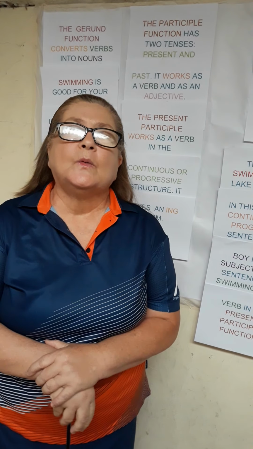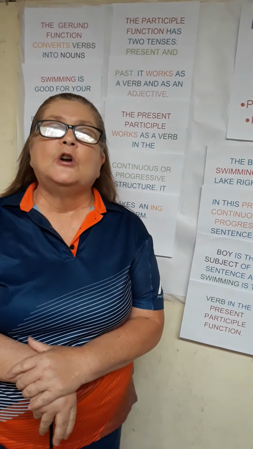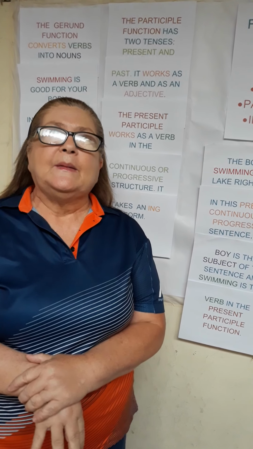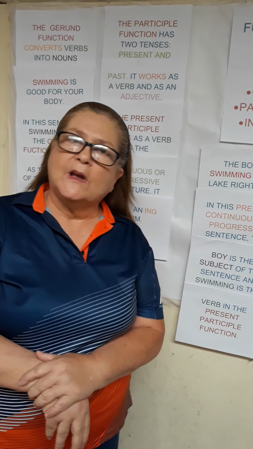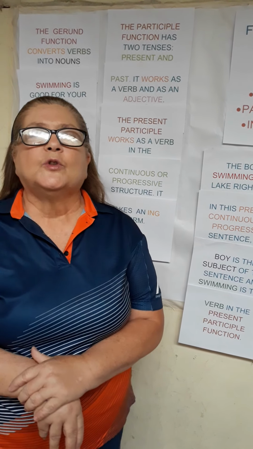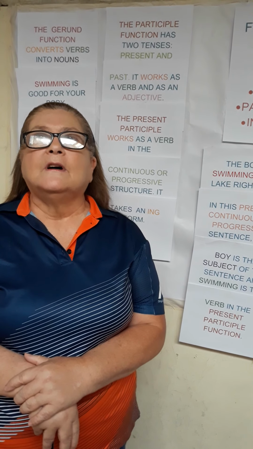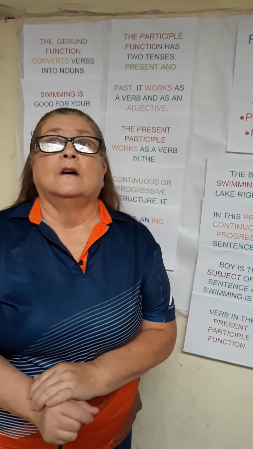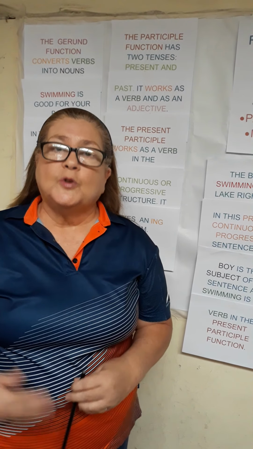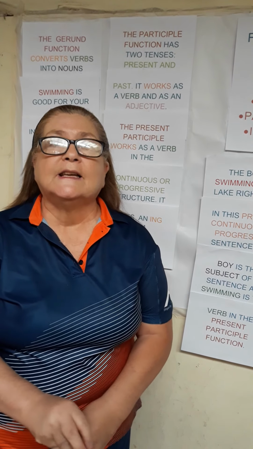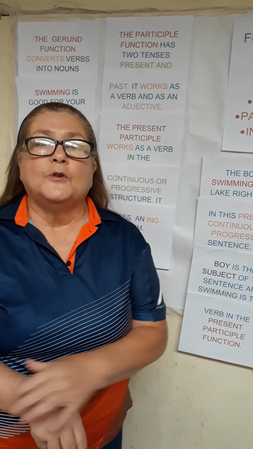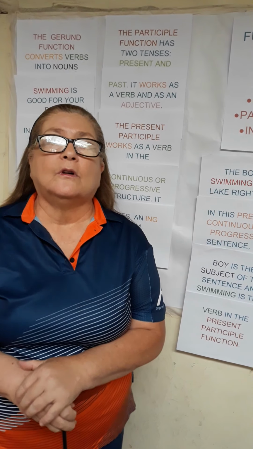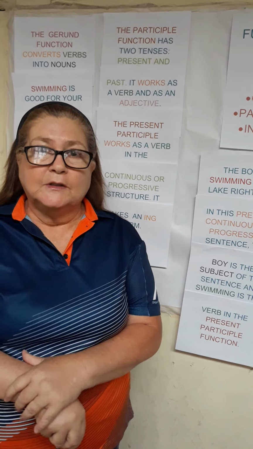Okay, remember that we have learned that verbs can be regular and irregular. We have also learned that verbs have 12 forms of conjugations, like the three tenses: present, past, and future, and each form has four different conjugations.